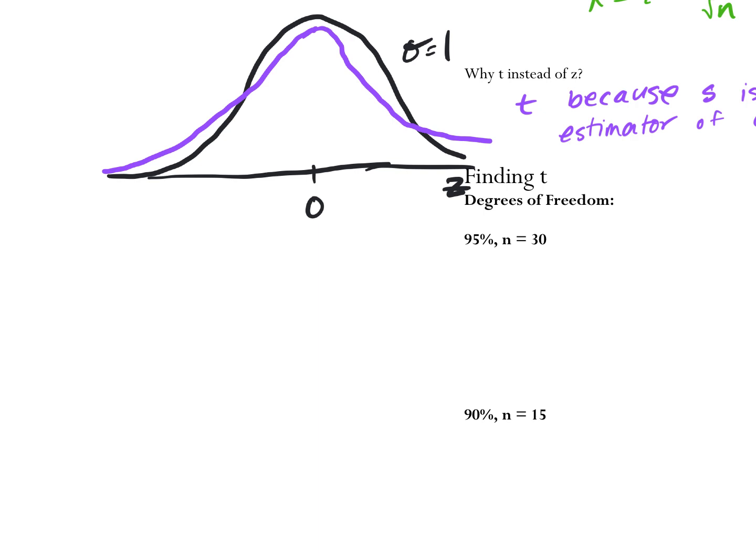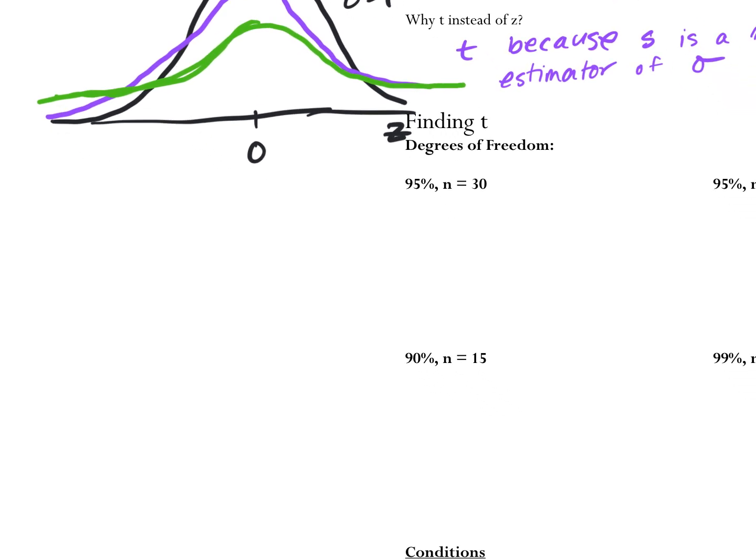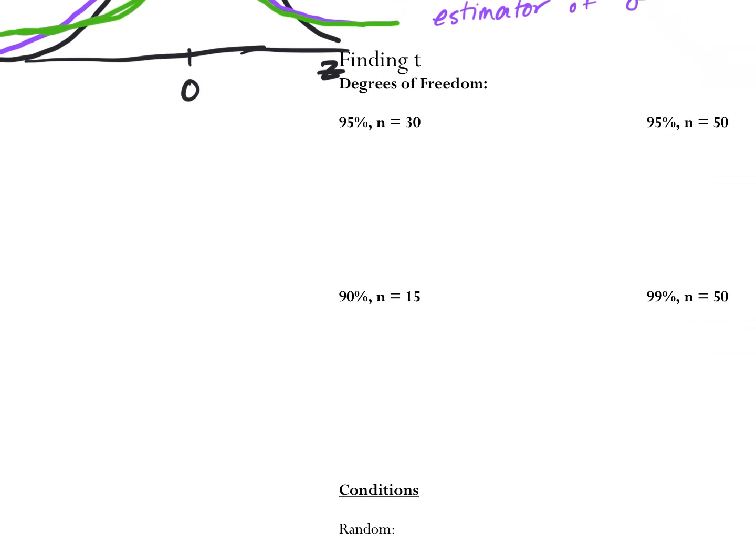And just like when I said my sample size was 3, meant S is a really bad estimator of sigma, but my sample size of 100 isn't, okay? The spread of a T graph is very much related to the sample size. There's only one Z distribution, but there are many, many T distributions.